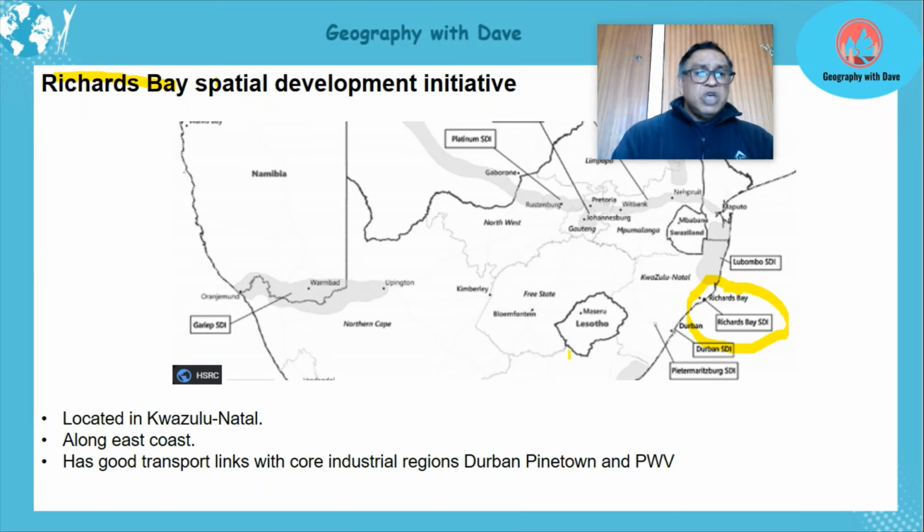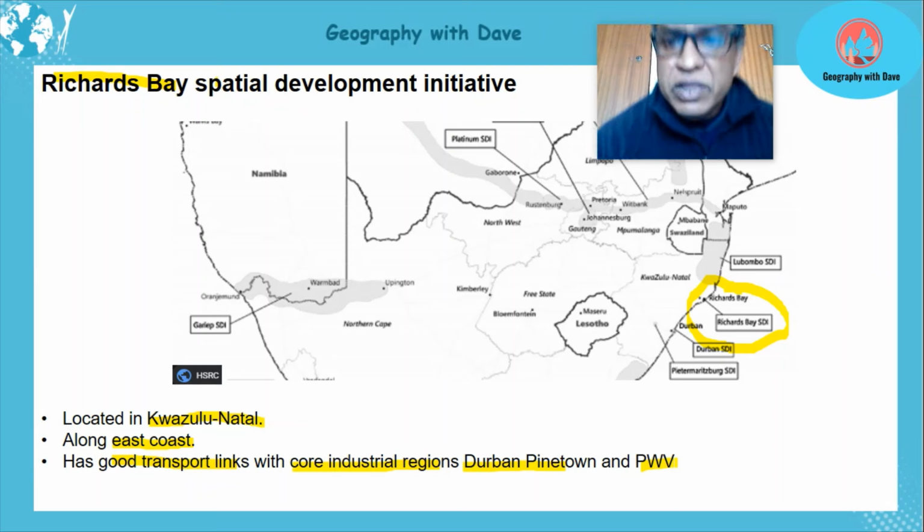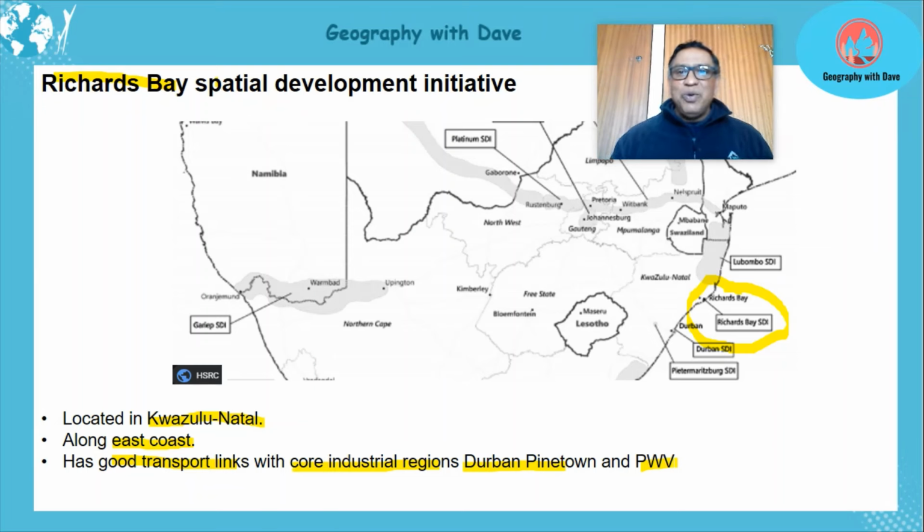We've learned it's located in KwaZulu-Natal along the east coast, and it has good transport links with core industrial regions like Durban, Pinetown, and PWV. Also important for accessibility, those areas have the market too, for us to sell. That would encourage investors again. Once again, we're picking on the investors. And then we go on.